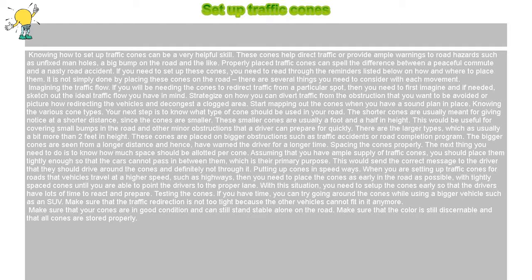These smaller cones are usually 1.5 feet in height. This would be useful for covering small bumps in the road and other minor obstructions that a driver can prepare for quickly. There are the larger types, which are usually a bit more than 2 feet in height.